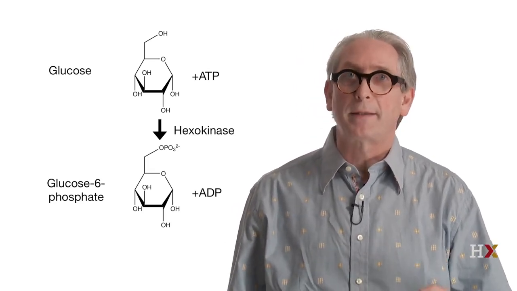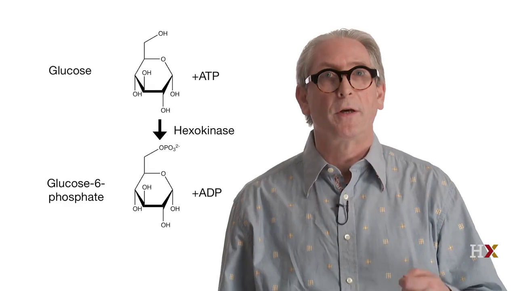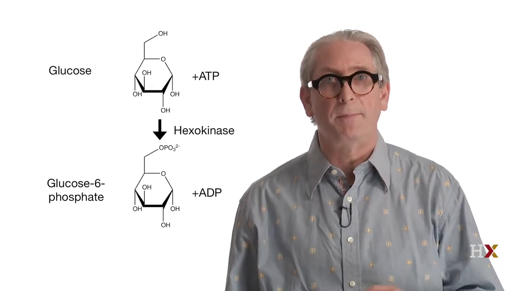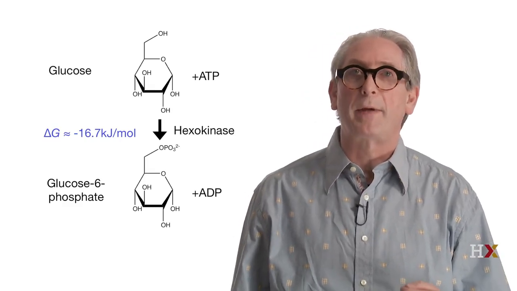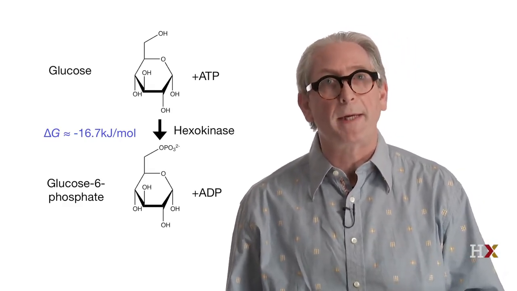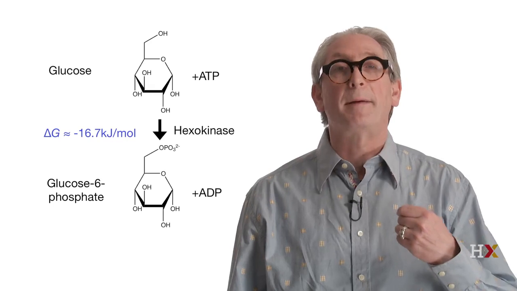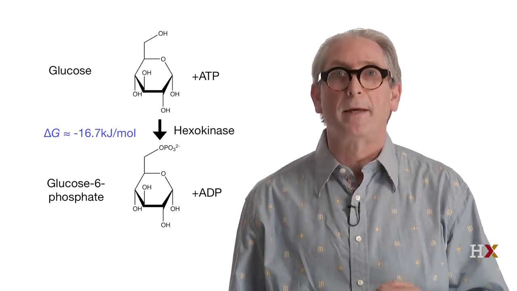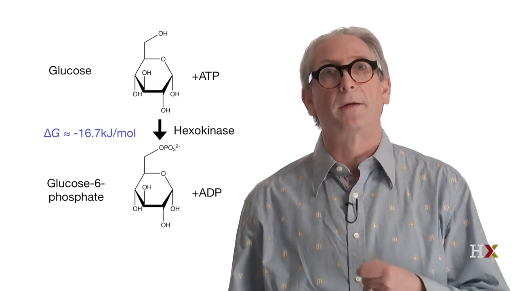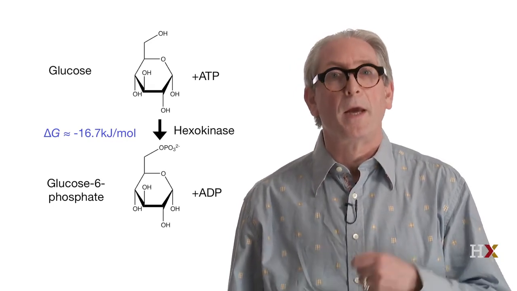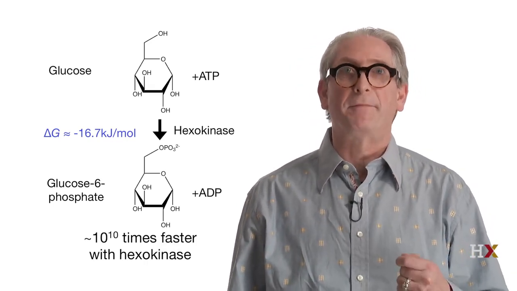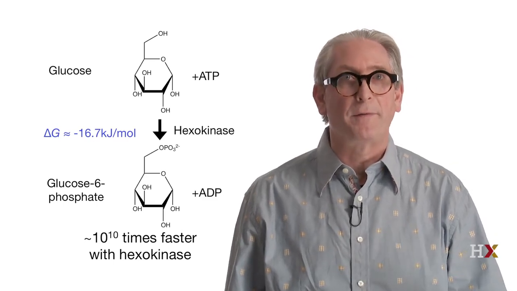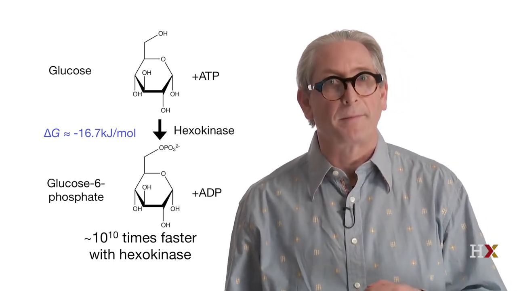If we add to this mix, not changing the concentration of glucose and ATP, the hexokinase, then the rate of the reaction becomes 1.3 times 10 to the minus 3 moles per liter per minute. The reaction will be 10 billion times faster in the presence of the enzyme than in its absence.